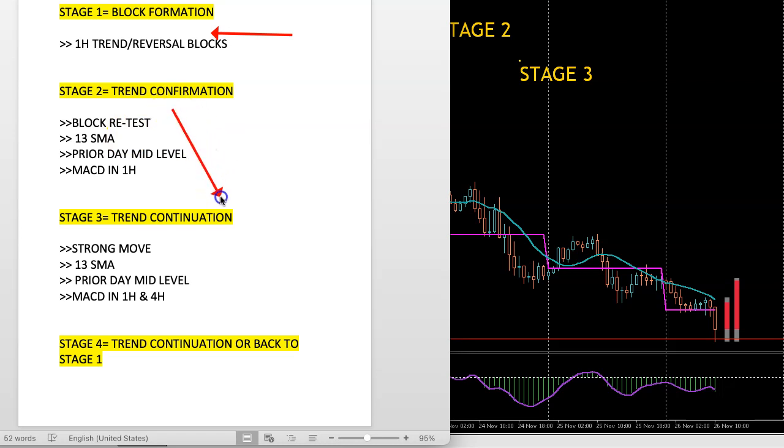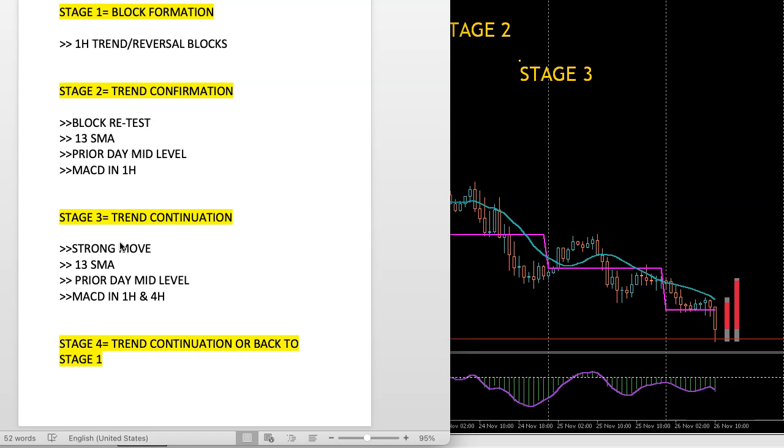So pretty much it went down and it never retraced back to the original block. So we don't get stage 2 sometimes. So on the next day, we maybe could be looking for trend continuation. So it's okay, we missed this one, but we can actually re-enter again based on trend continuation. So that's something that you have to understand.